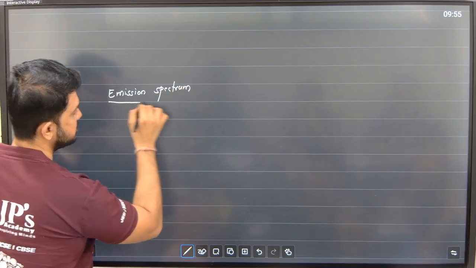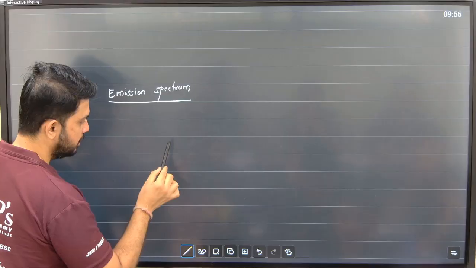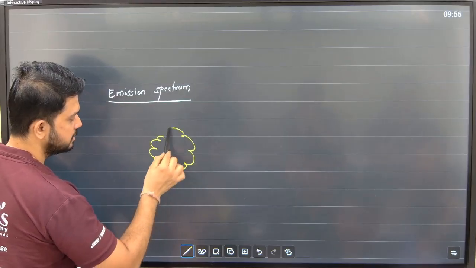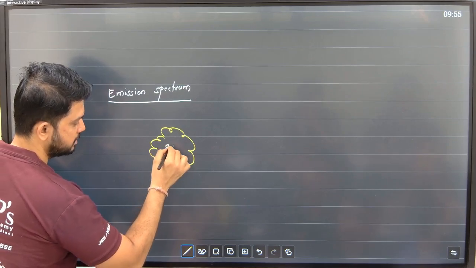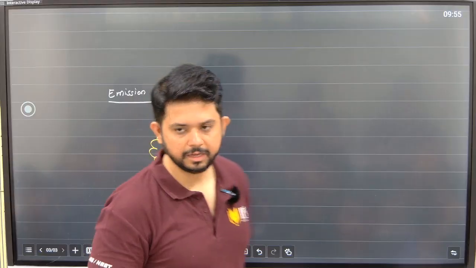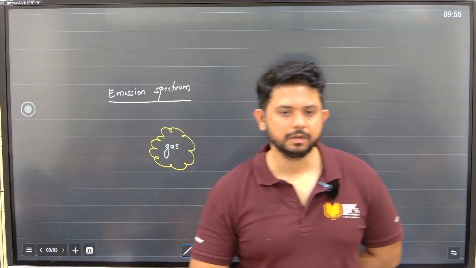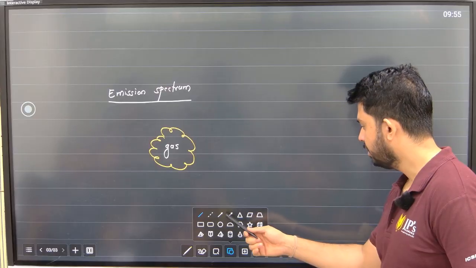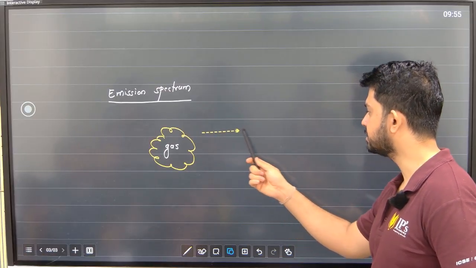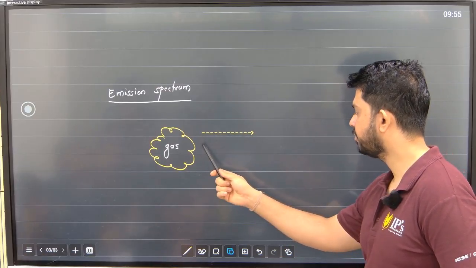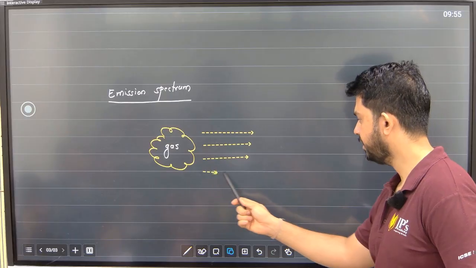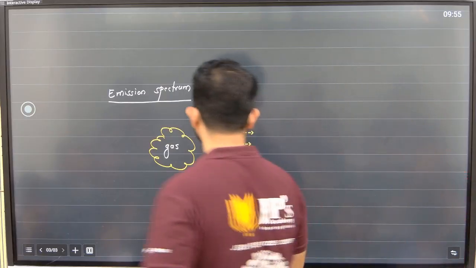As the word suggests, emission. Now let's say I have a particular gas, let's say you can take hydrogen gas, heated to a very high temperature. Now that gas, in this case hydrogen, will release wavelengths of particular frequency, a particular wavelength.